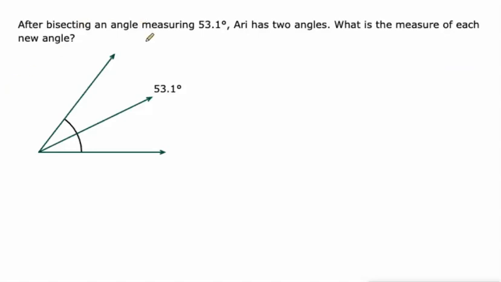After bisecting an angle measuring 53.1 degrees, Ari has two angles. What's the measure of each new angle? Similar idea here with an angle. We'll take that 53.1 degrees and divide it by 2, which will give us 26.55 degrees.